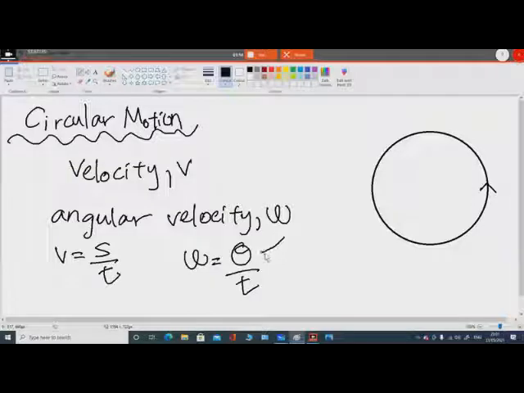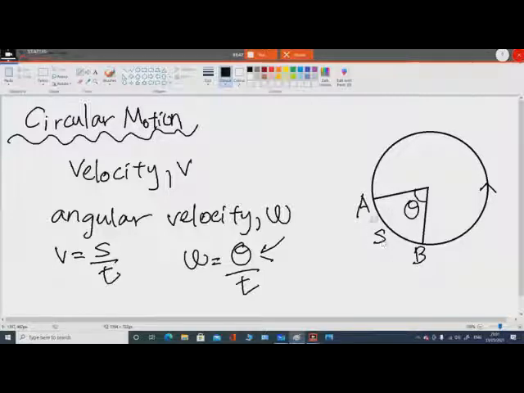So what is meant by angular displacement? Let me draw a line. This line is directly attached to the center of the circle, and this is another line. Let's say we are about to move from point A to point B. This will be our distance from A to B, and this will be our angular displacement.